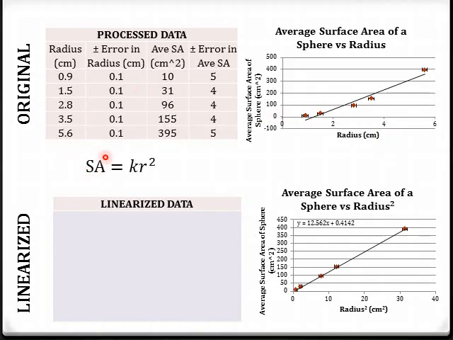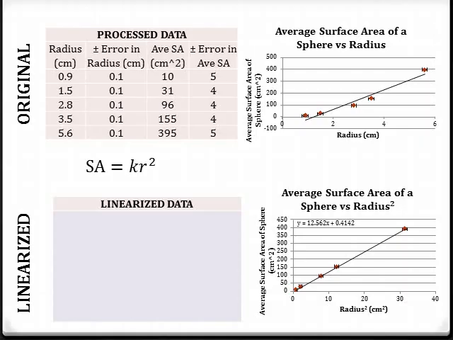Surface area is not proportional to radius, but surface area is proportional to radius squared. So we're going to create a new graph that graphs surface area and radius squared, and that should be a nice straight line. In order to do this, I've got to create a new linearized data table.